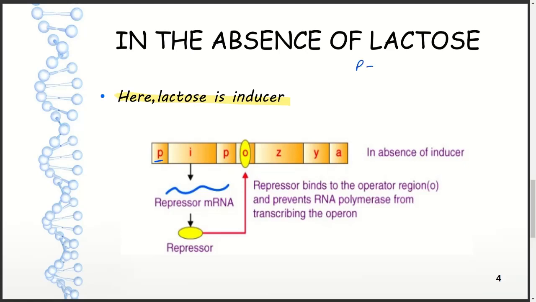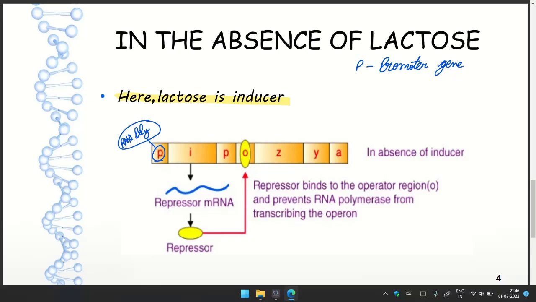Our P is the promoter gene, and the promoter gene is the site where our RNA polymerase is going to attach. And this is our RNA polymerase, which is attached with the P, our promoter gene. And this DNA will get transcribed. Our RNA polymerase is going to help in transcription.